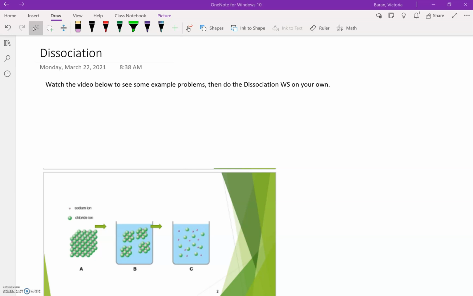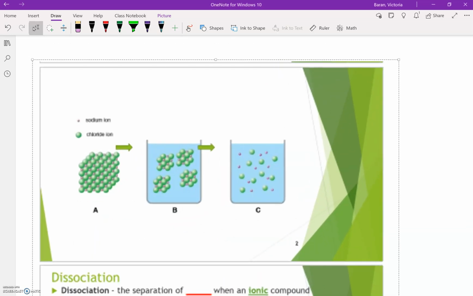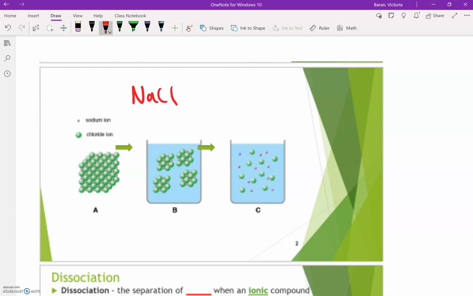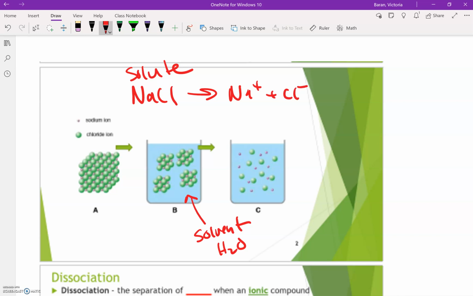So what is dissociation? It is when you have a solute, for example sodium chloride, which is NaCl, and you dissolve it in a solvent, such as water. NaCl is the solute, and it dissolves and dissociates and breaks up into its individual ions.